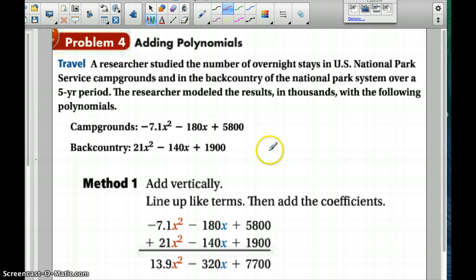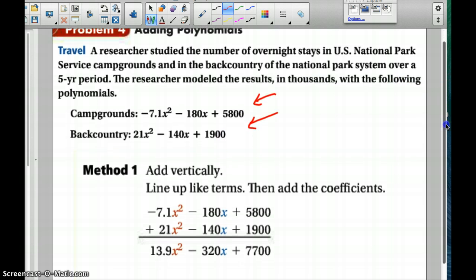The researcher modeled the results in thousands with the following polynomials. The first polynomial represents the number of national park campgrounds. The second polynomial represents the number of backcountry park systems. So if we want to know the total, we need to add those two together.